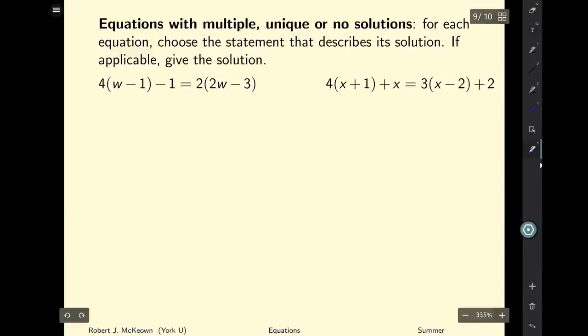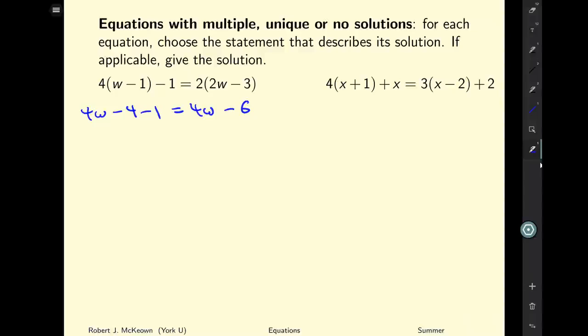Now, here's the problem that we're given. So the first thing I'm going to do, I'm going to start with the equation on the left, and I'm going to solve for w, and I'm going to see what I get. So let's multiply 4 inside the bracket. So I've got 4w minus 4 minus 1 is equal to 4w minus 6.